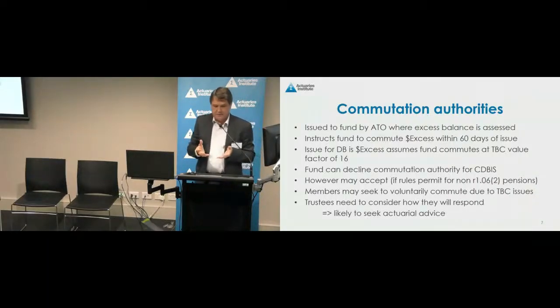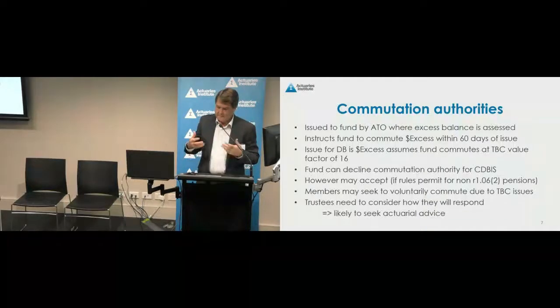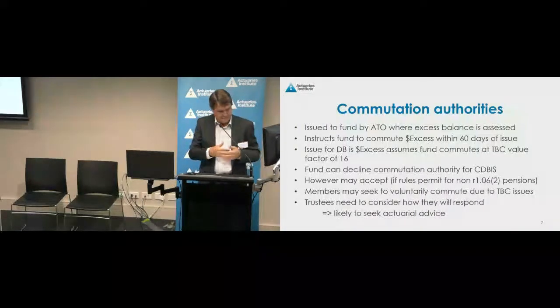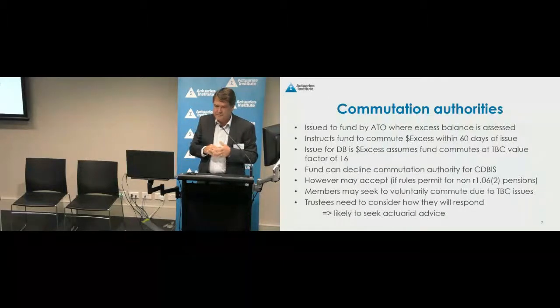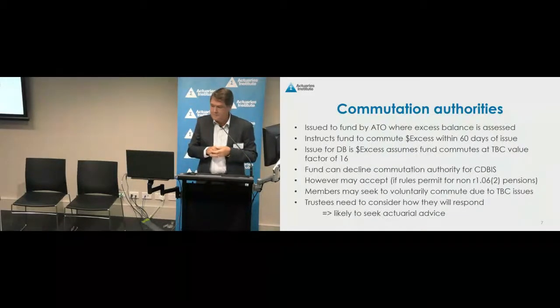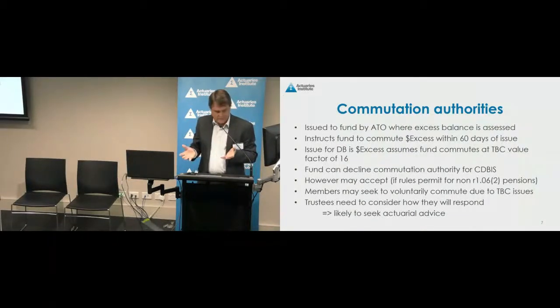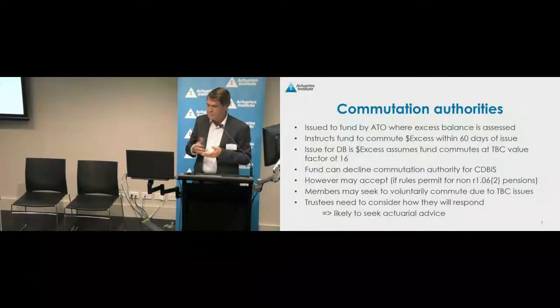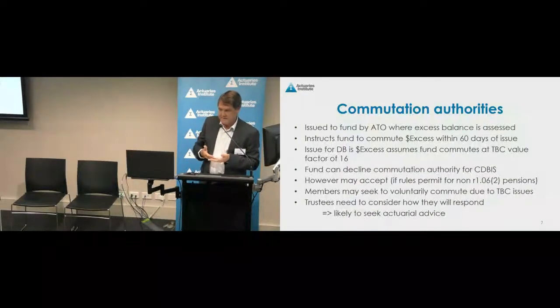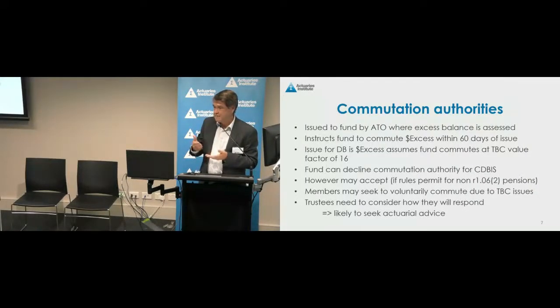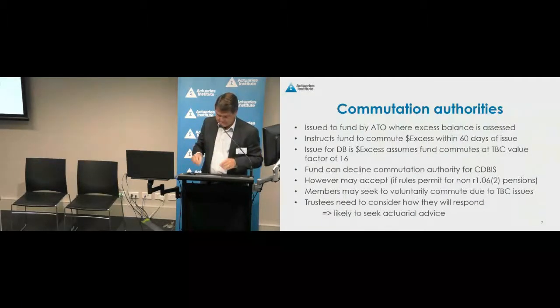It has to decide whether it's going to commute or not. On the assumption that it doesn't commute, it then tells the ATO that it's not commuting because it's a capped DB income stream, and lets you know at the same time, and then you're subject to the rules for the taxation of that under those commensurate tax treatment rules: the first 100K, if you're over age 60, is tax-free, and on the balance you declare 50% as assessable income.